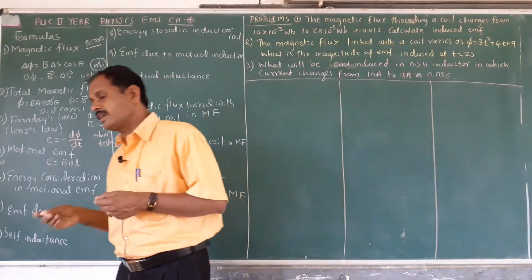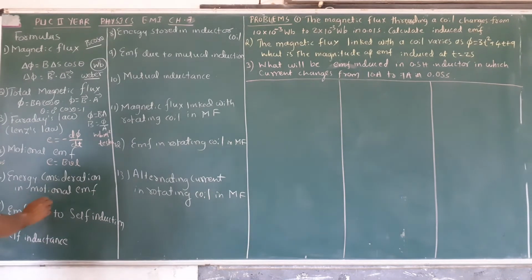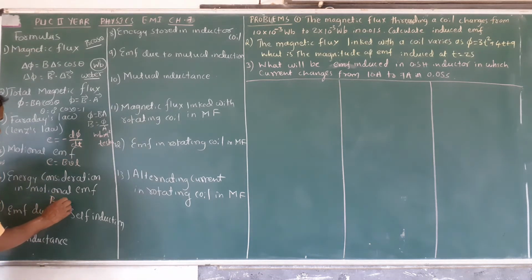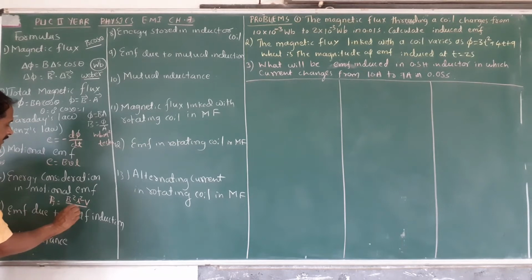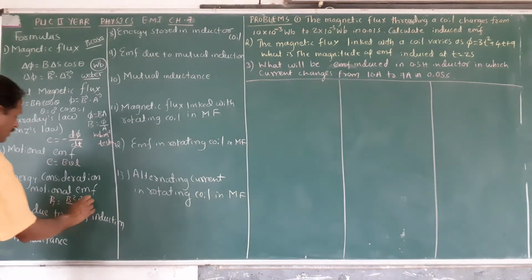Now energy consideration. Energy consideration in the motional EMF, that is, P_J is equal to B square L square V square divided by R. Here B is the strength of the magnetic field, L is the length of the moving rod, V is the velocity of the moving rod.